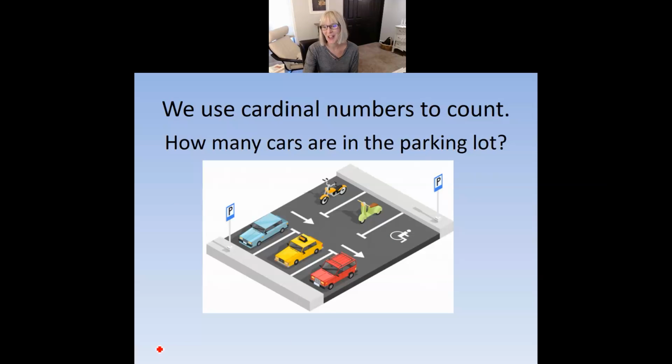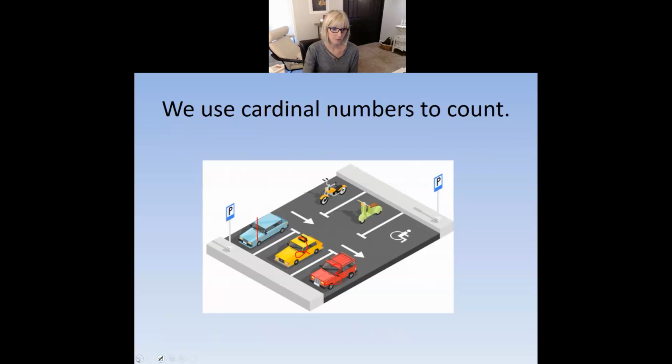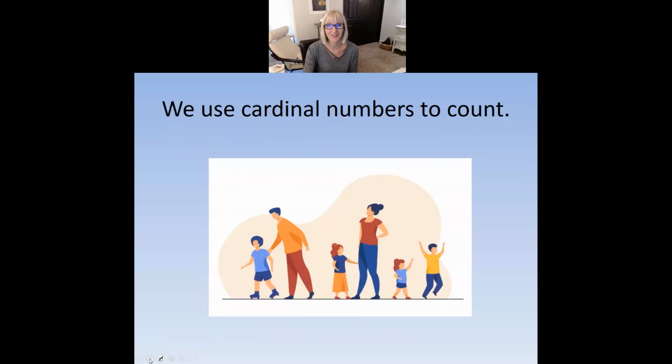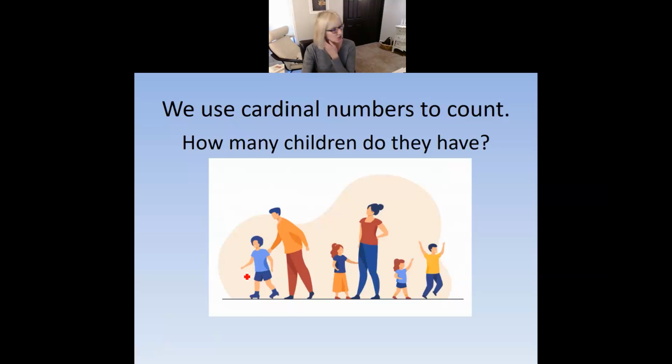Not motos, cars. 1, 2. There are 3 cars in the parking lot. Oops, I'm going the wrong way. How many children do they have? One, 2, 3, 4. They have 4 children.